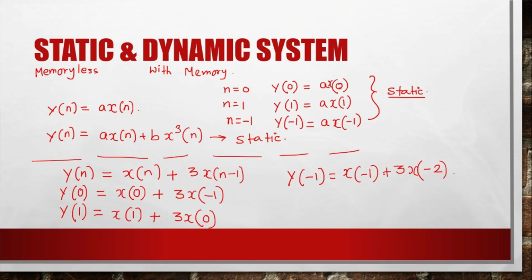Okay, so that means here, along with the present input, additional sequence inputs are present. So this will be an example of a dynamic system. In this way, we can identify static systems as well as dynamic systems. Hope you all understand what is static and what is dynamic system.